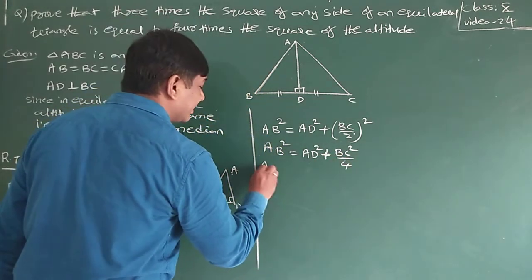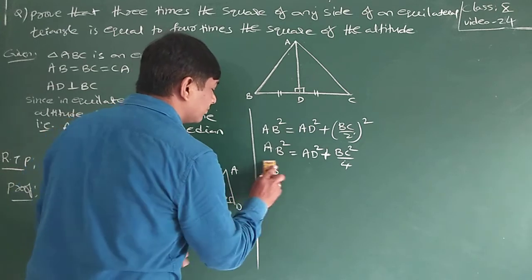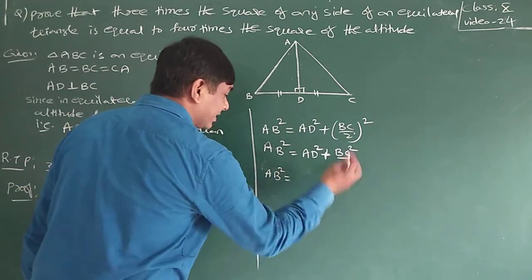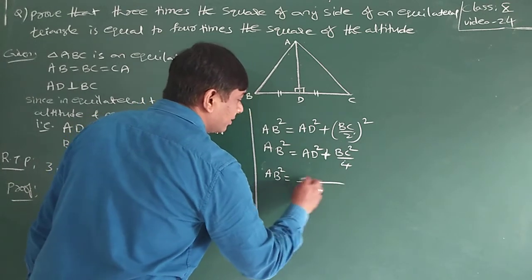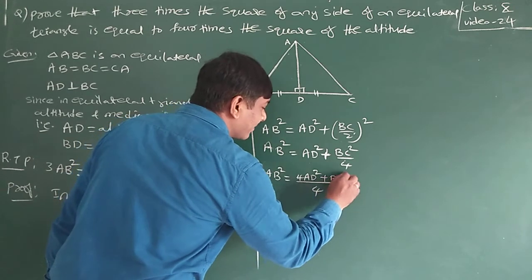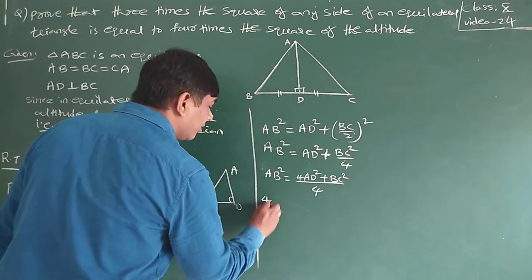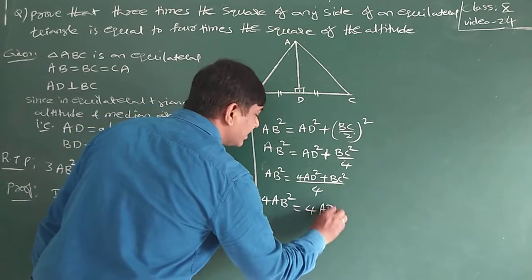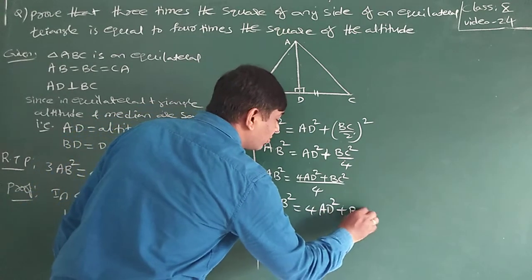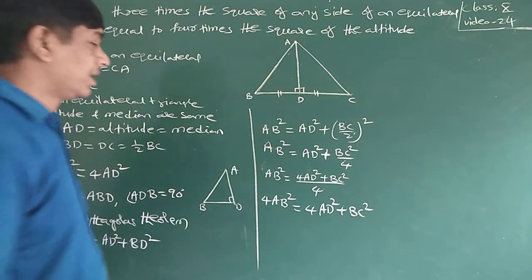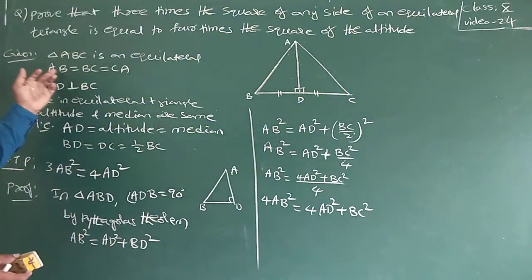Now take the LCM on the right hand side: 4AD square plus BC square. Now cross multiply: 4AB square is equal to 4AD square plus BC square. Without taking the LCM, you can't transpose. Now BC and AB are the same.